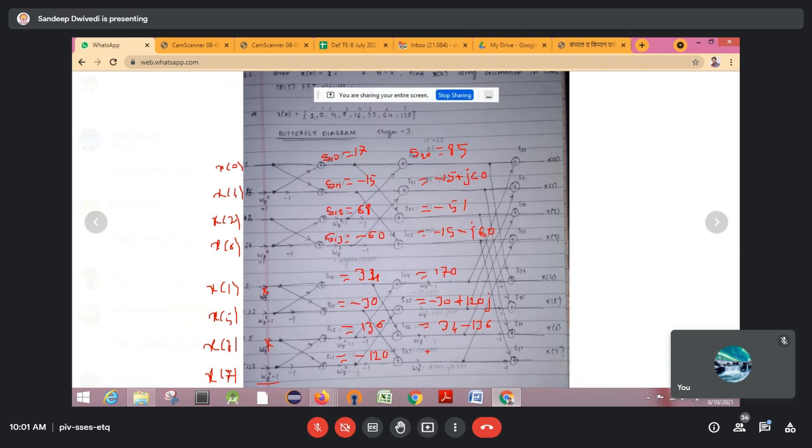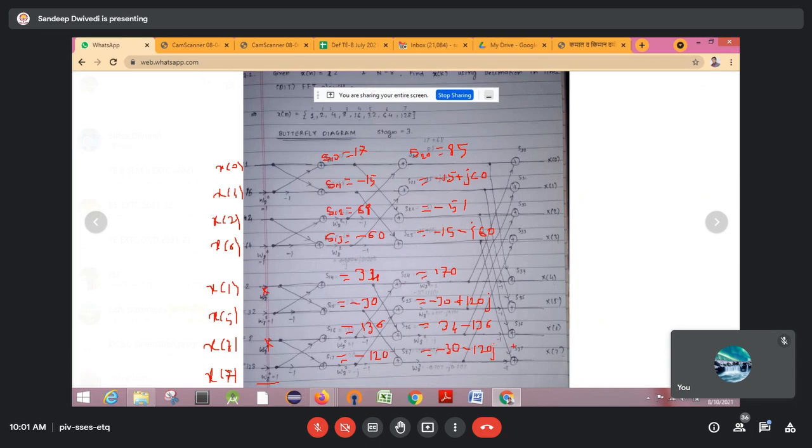Then the last value. In the last value, added minus 30, this value, so this will be minus 30, then this one, minus 120 multiplied by twiddle factor, that is minus j, so this will be plus 120j, and this minus, so this will be minus 30 minus 120j. Like this.